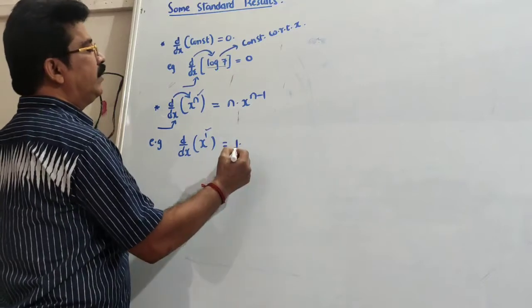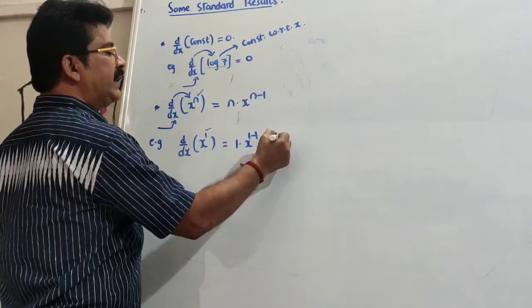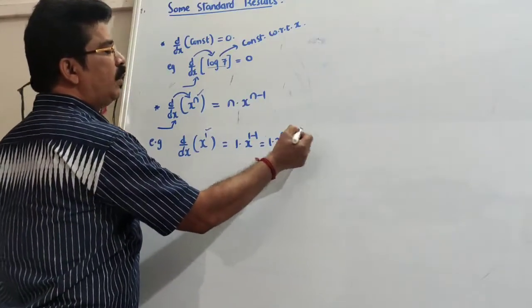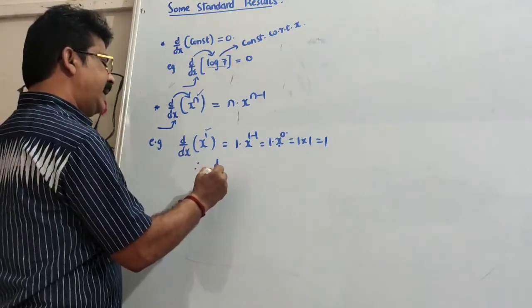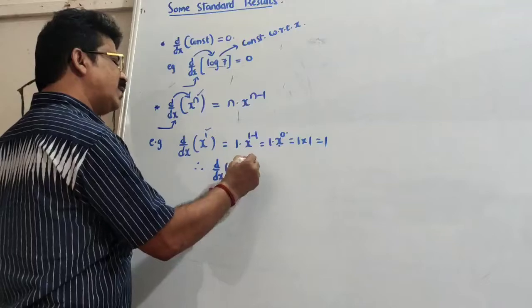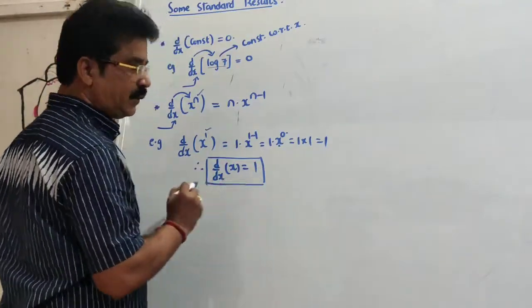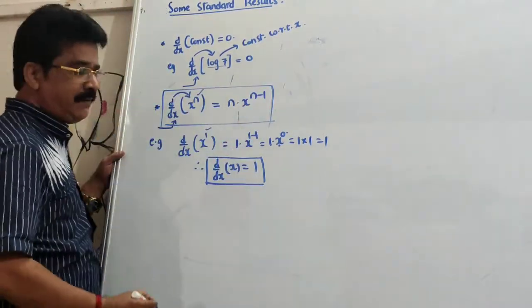Just put n equal to 1: 1 into x power 1 minus 1, so 1 into x power 0. Any finite value to the power 0 is 1, so that is equal to 1. Therefore, d by dx of x equals 1. You can treat it as a formula also. So the main basic formula is d by dx of x to the power of n.